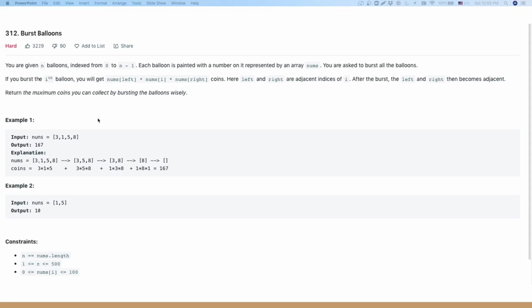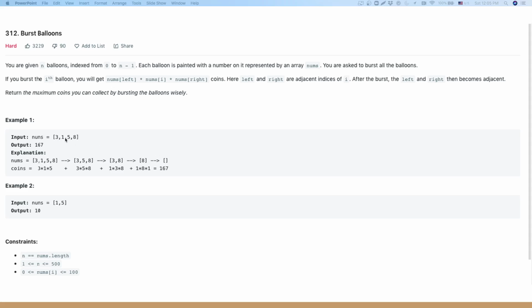So what does that mean? The question is basically saying you have all the balloons right here, and each balloon is painted with a number, and the number represents a coin number. If you burst one particular balloon, you'll get a certain value. So what is the value you are getting? Let's check the first example. Let's say we have 3, 1, 5, 8.